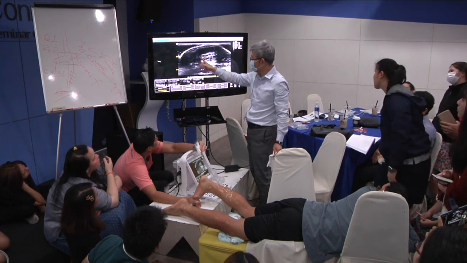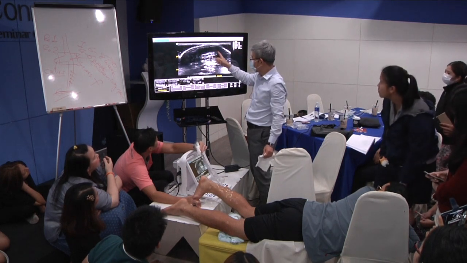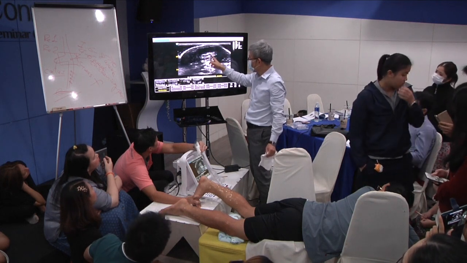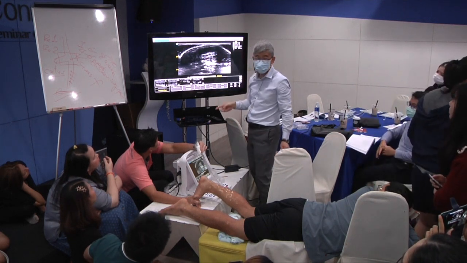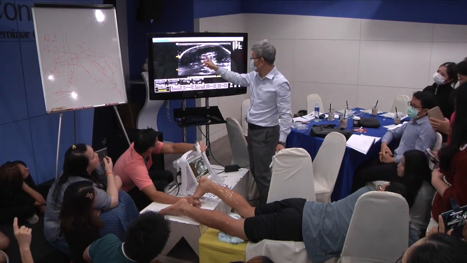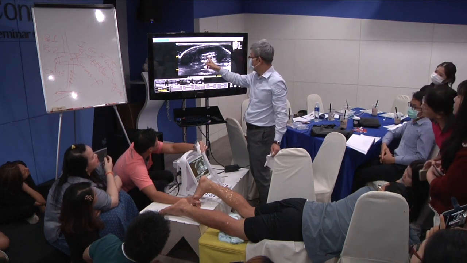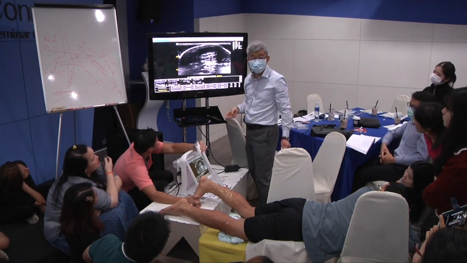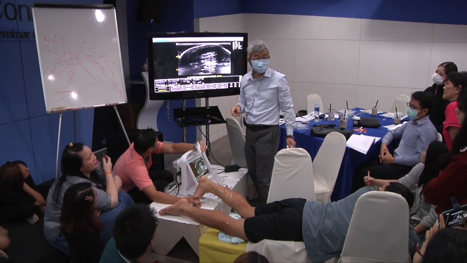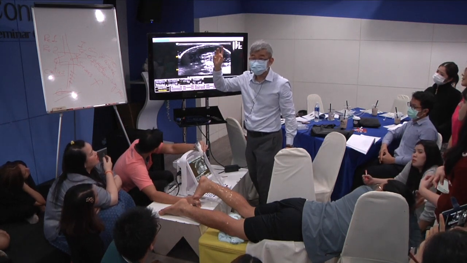The width is between this point and this point, or between this point and this point. Which one? Here to here. Second, here to here. Good. First one. Good.